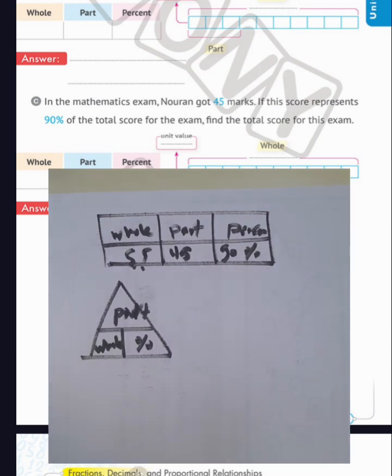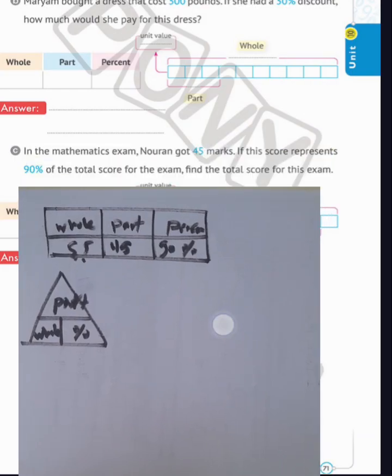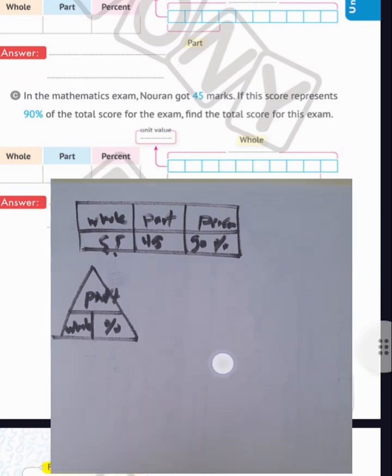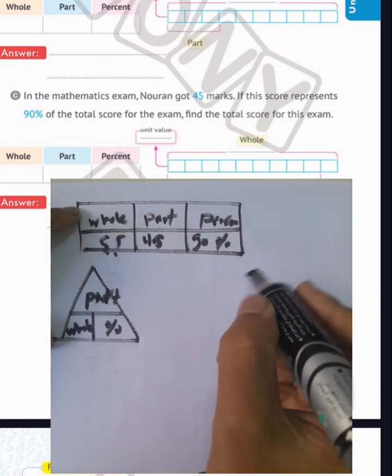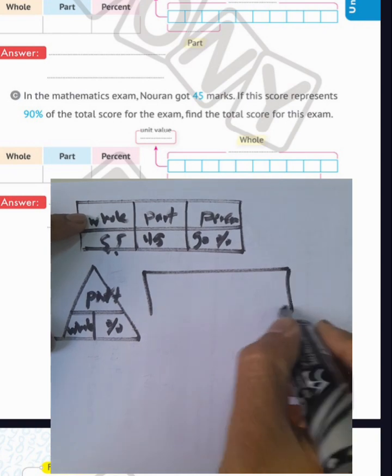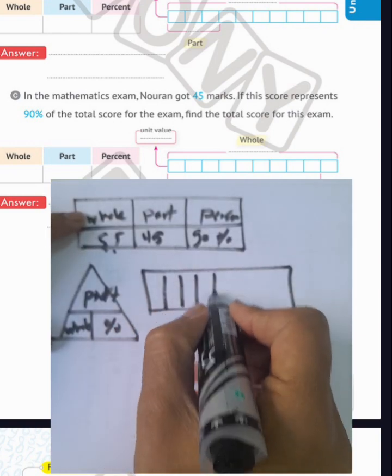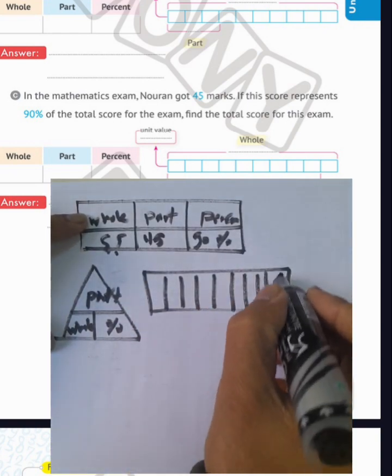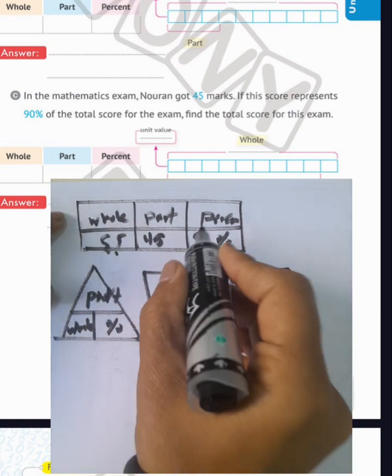We have 90 parts. You want to find the whole number in this example. How do we find it? We can draw a diagram and divide it into 10 parts: 1, 2, 3, 4, 5, 6, 7, 8, 9, 10. And right here 90.